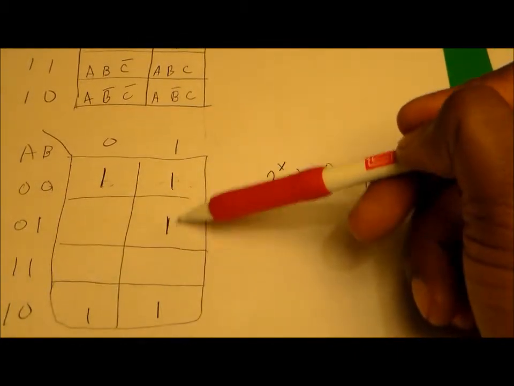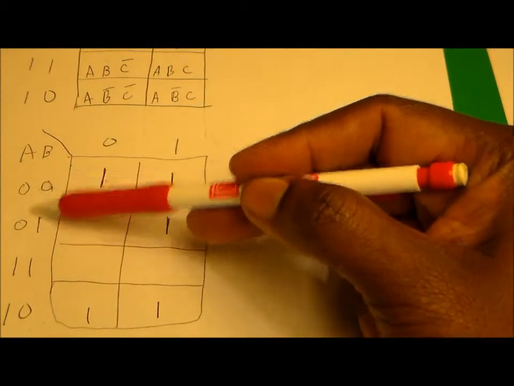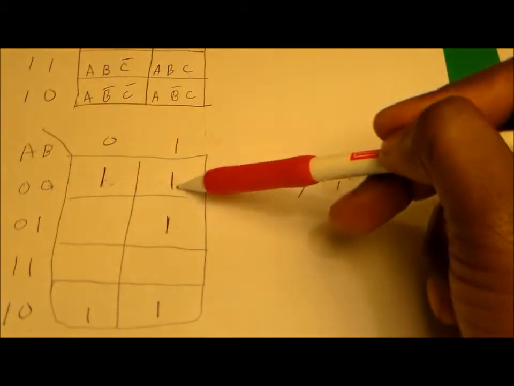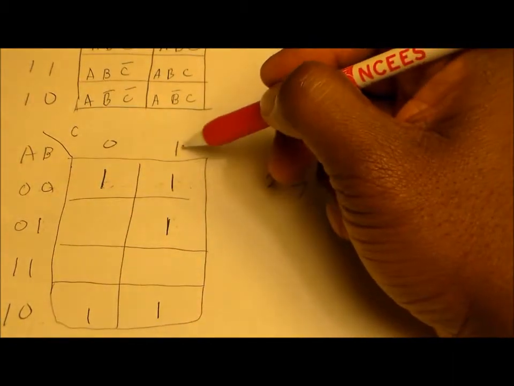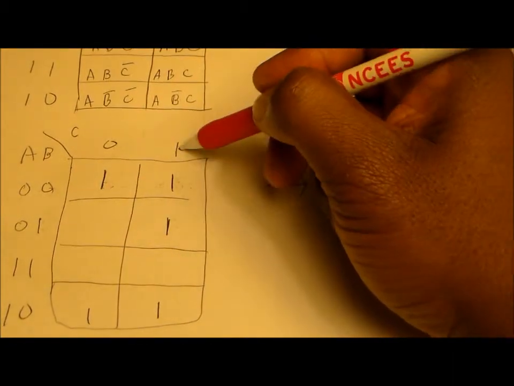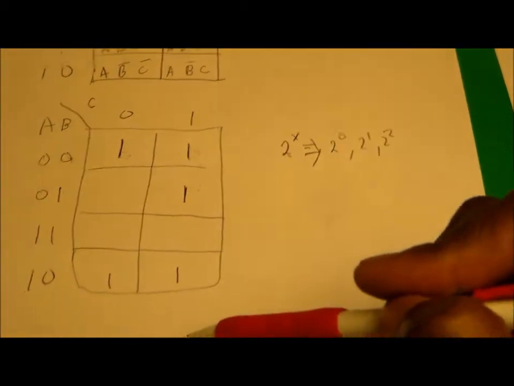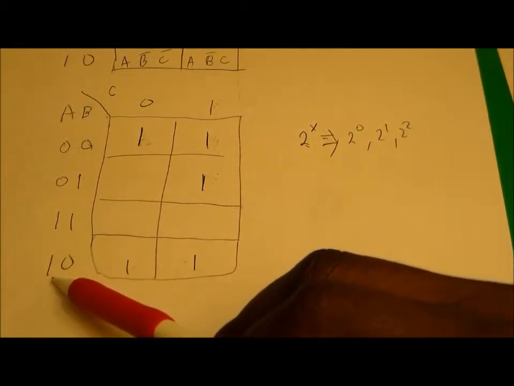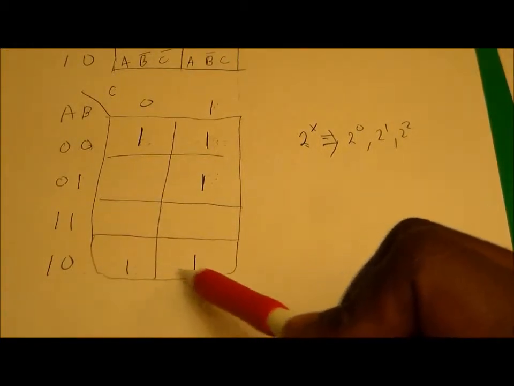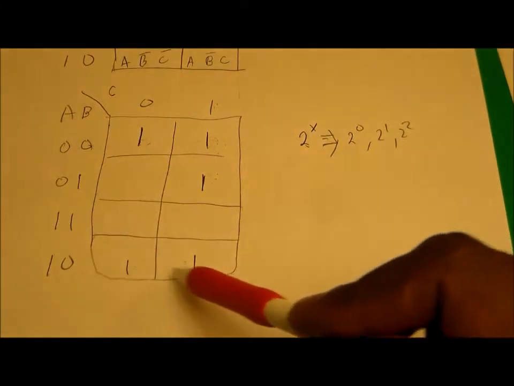If we look at these two over here, what they have in common is they have 0, 0 between two of these, 0, 1, which is only a 1-bit change between these two. And of course they have the same, oops, I forgot C. They have the same value for C, which is both 1s. So these two are also adjacent. If we look down here at the bottom, in terms of these two, they have in common that A is 1 for both of them, and B is 0 for both of them.